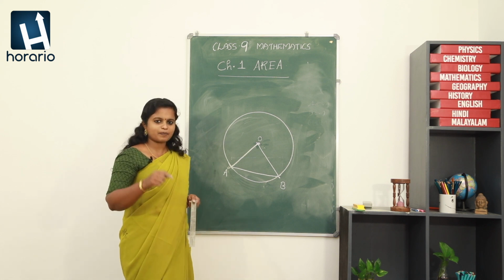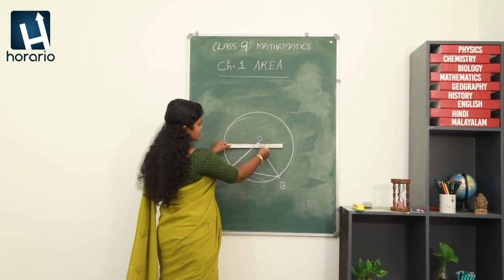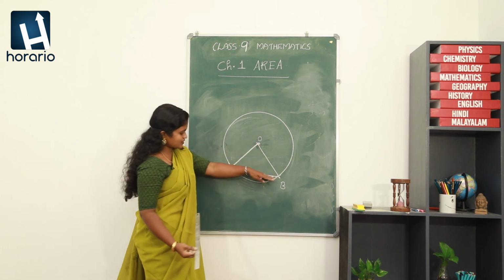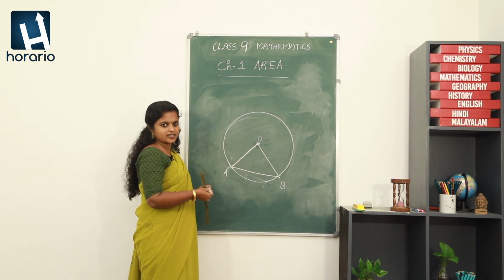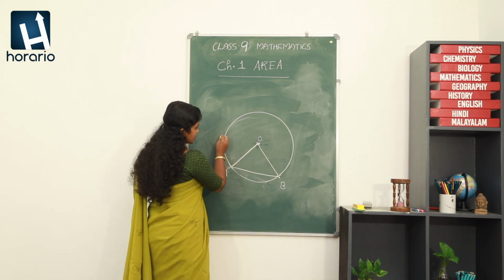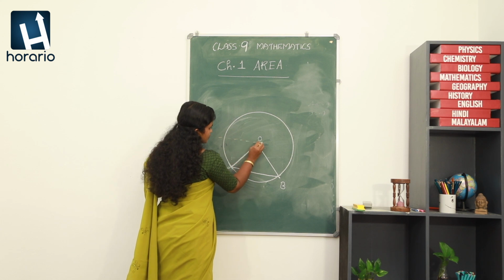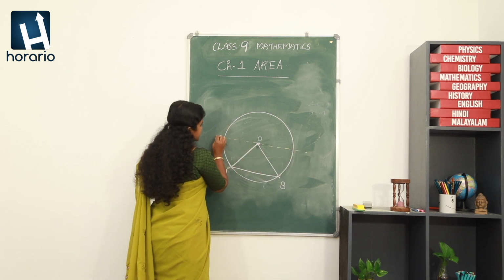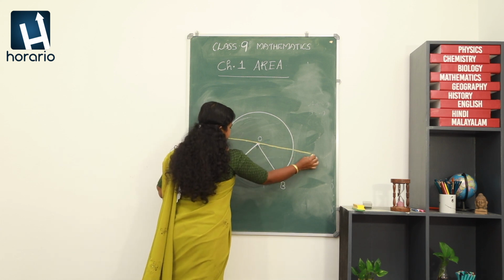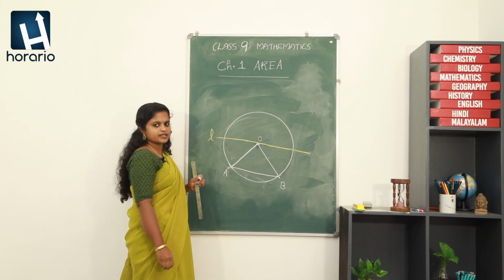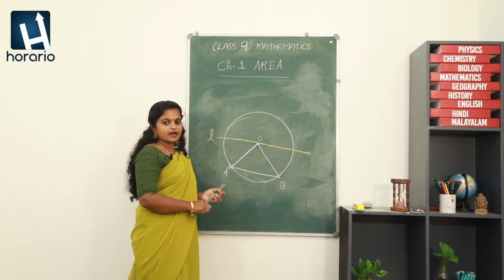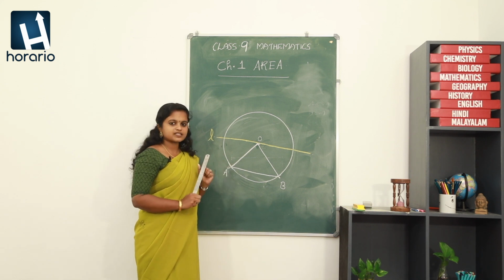So again what we have to do? Yes, go for that parallel line. We need to draw the line parallel to AB. So do it with your set squares and scale. I am going to draw the parallel line. So you can get the parallel line like this, parallel to AB. I just named it L. Now what is asked in the question?